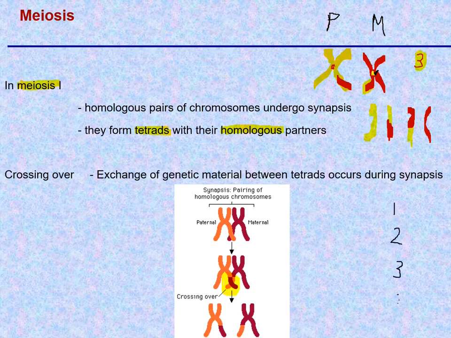4, 5, 6, etc. So a paternal copy of chromosome 1 may go into a sperm cell, and then chromosome 2 in this sperm cell is maternal in origin, chromosome 3 is maternal in origin, chromosome 4 is paternal in origin.